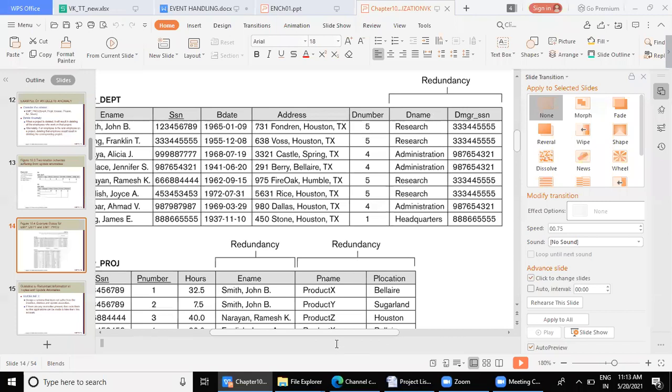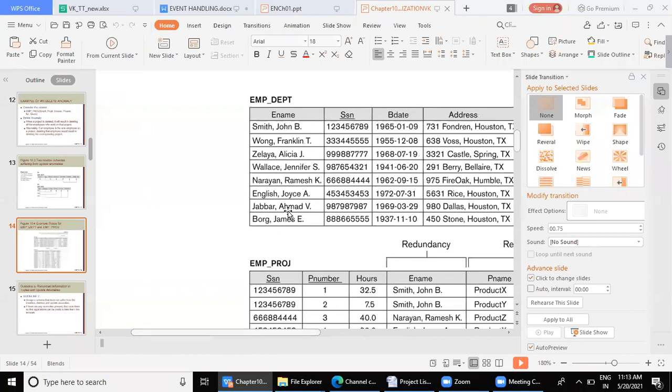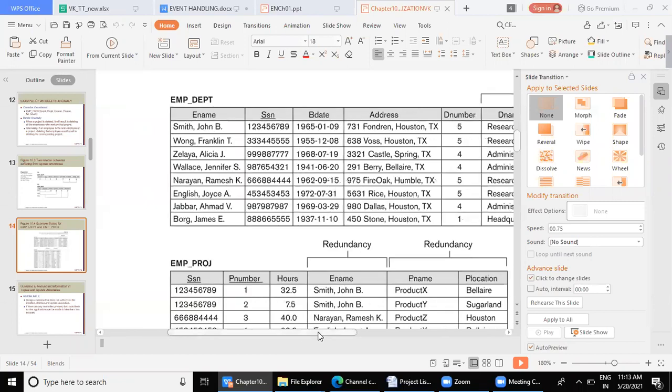So because of this, what are the problems faced? There are various problems, which we will learn in detail later, but right now I'll just tell you a sample.